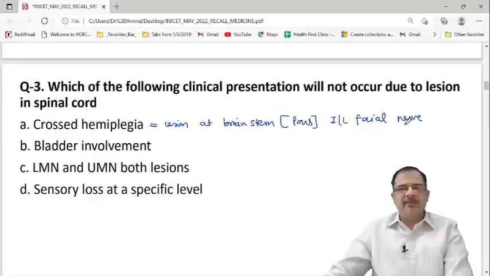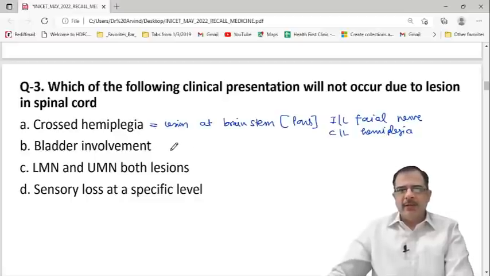So ipsilateral facial nerve will be there. But the pyramidal pathway has not yet crossed, so it will be a contralateral hemiplegia. Contralateral hemiplegia will be there. So that means crossed hemiplegia is suggestive of a pontine lesion or a brainstem lesion.